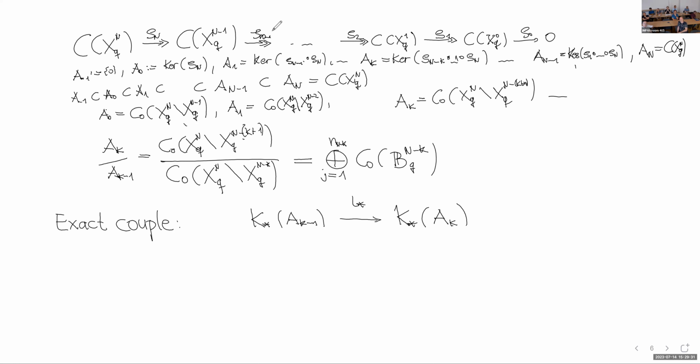So then you go to the board. Our boundary map goes back, but here, since it's homology, let me take minus 1.